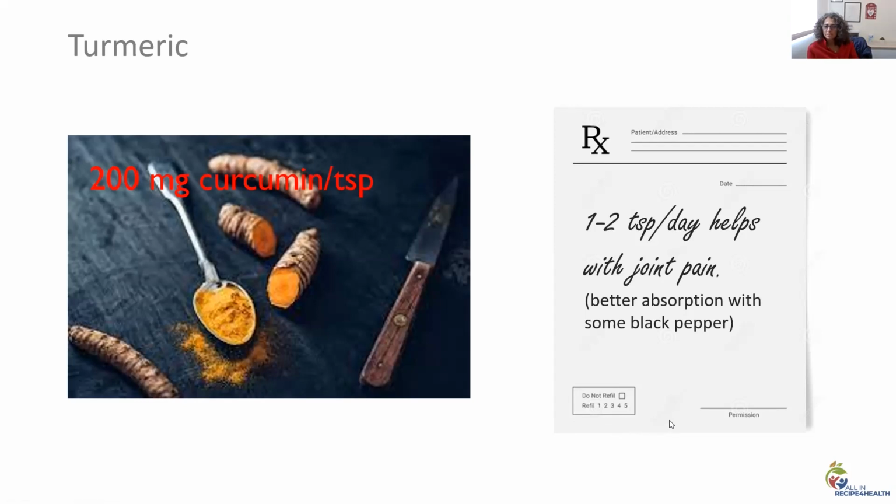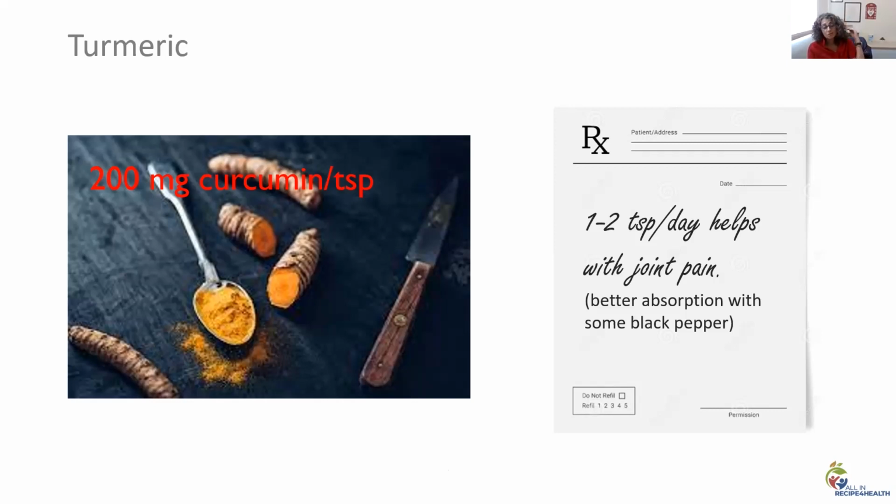What's really interesting is that if you mix the curcumin with a little bit of black pepper, for whatever reason, that does increase its absorption through the intestinal mucosa. So in terms of pharmaceutical impact, I usually have patients do 1 to 2 teaspoons a day for joint pain, for patients who have osteoarthritis or some polyarticular inflammatory arthritis, or are dealing with a hip issue.